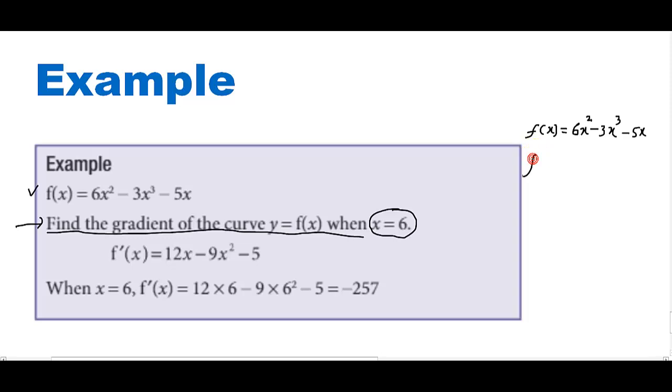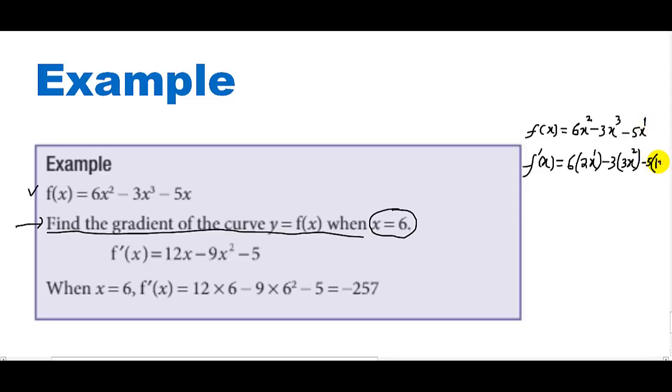First you have to find the derivative, f dash of x. Please find the derivative first. So 6 will remain the same. Bring the power down and subtract 1 from the power. Minus 3, bring the power down and subtract 1 from the power. Minus 5, here the power is 1.